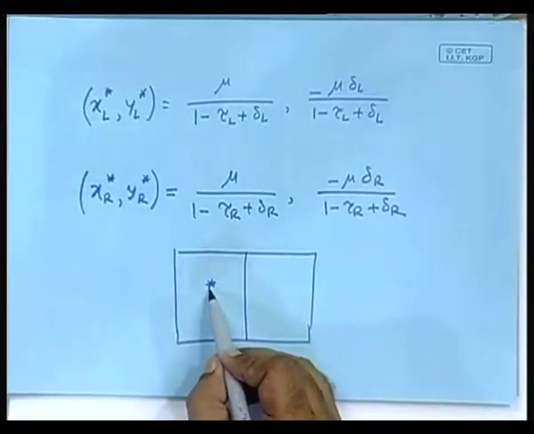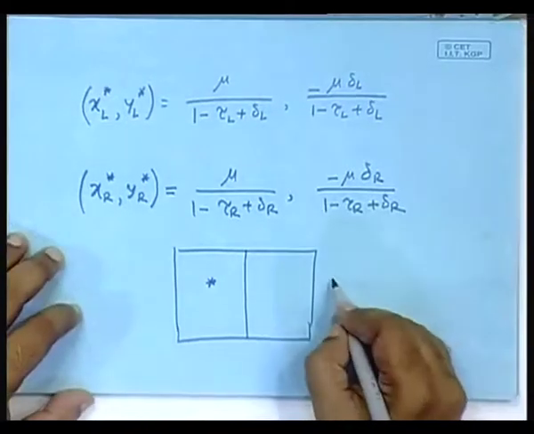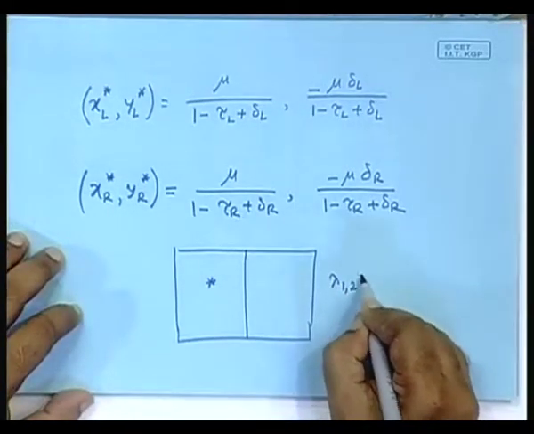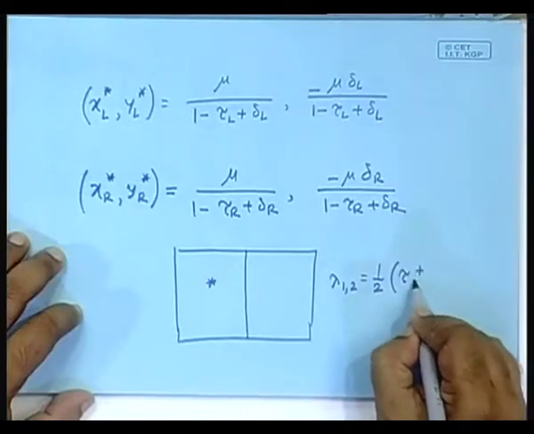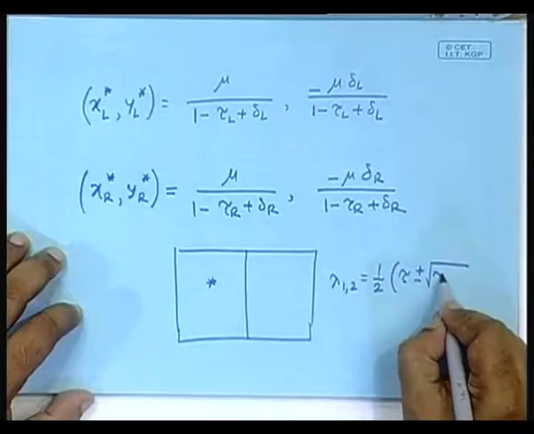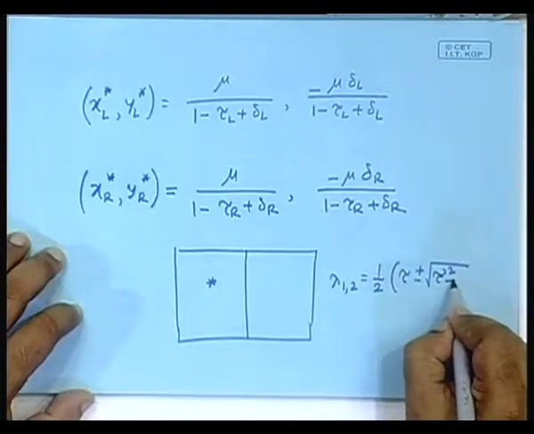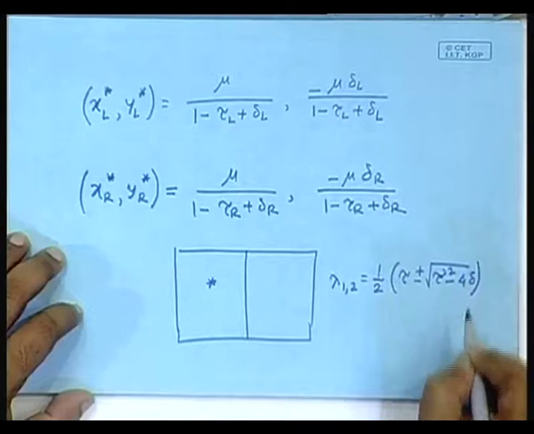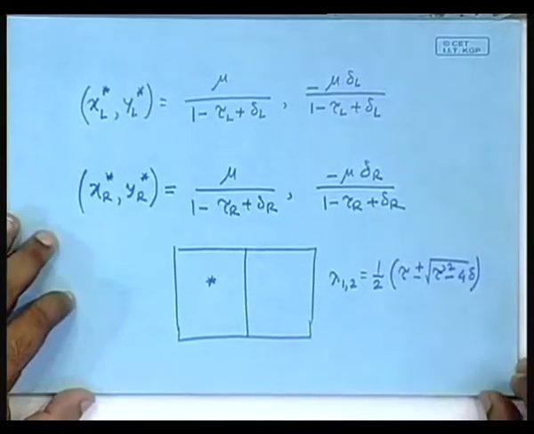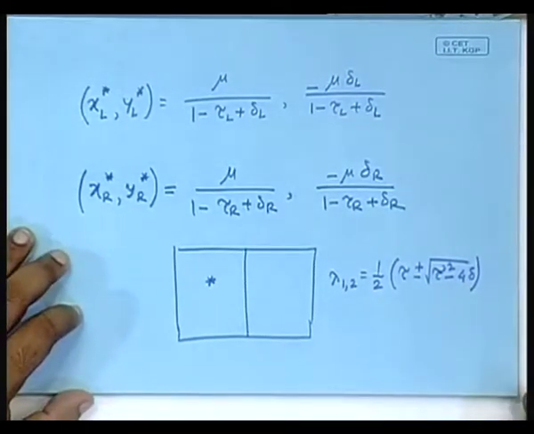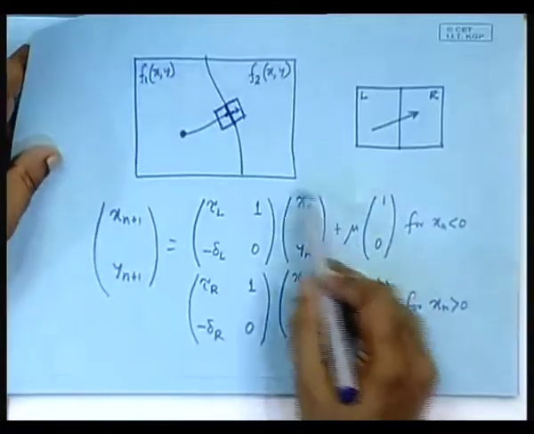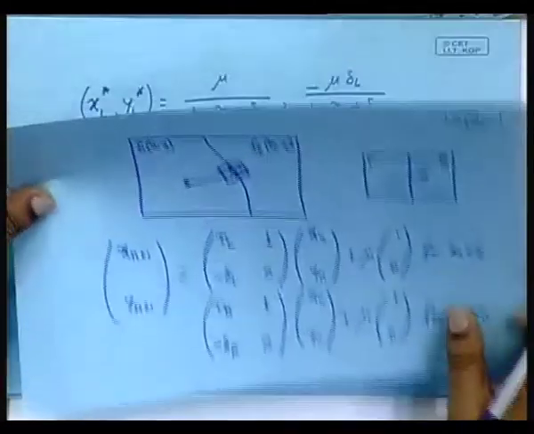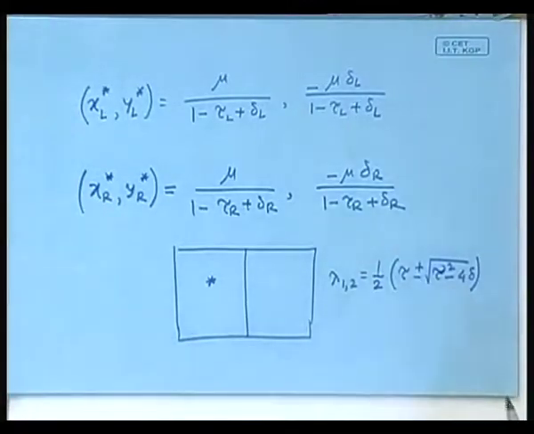Character of the fixed point is given by the eigenvalues, and in this case the eigenvalues are... can it be seen? Yes. So, if you calculate from this equation, the eigenvalues are obtained simply like this.